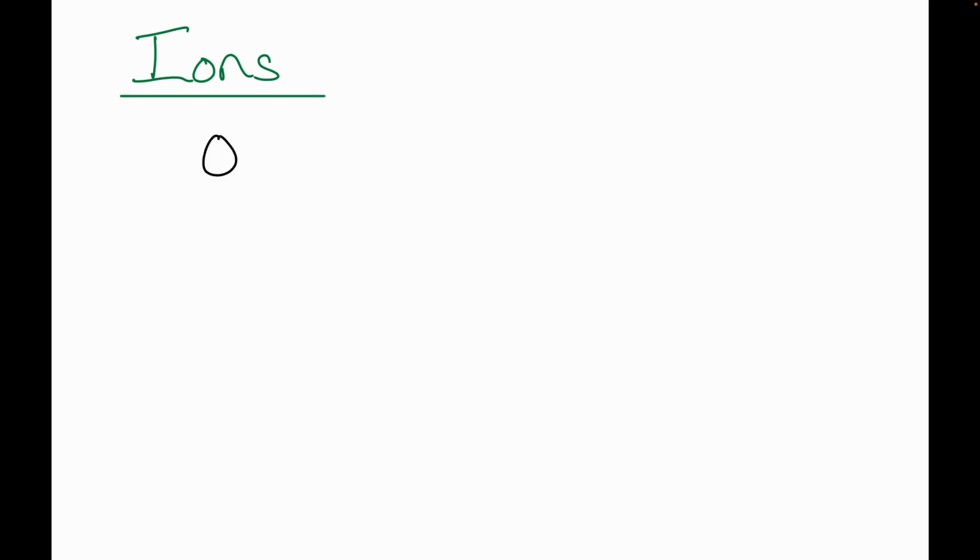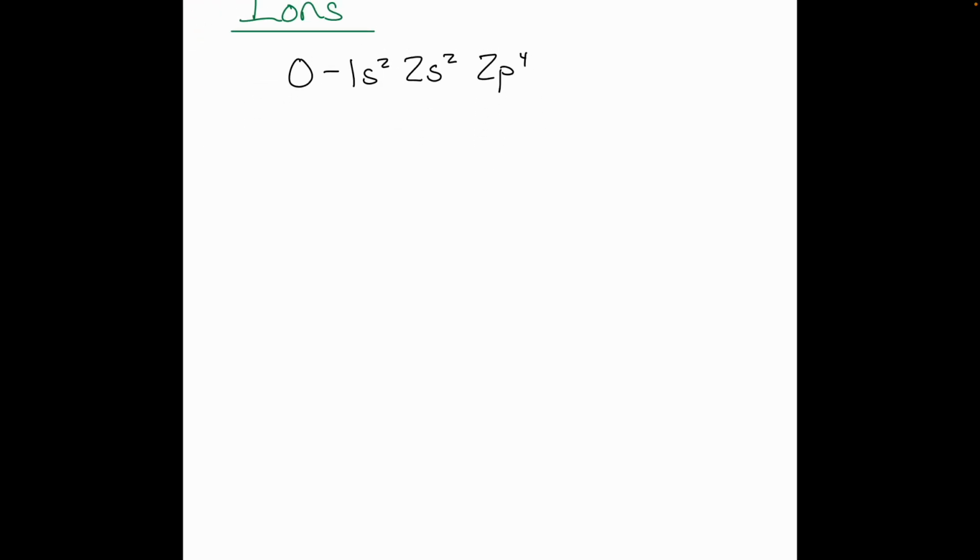Okay, oxygen was 1s2, 2s2, 2p4, and then we went as far as to actually build that electron configuration diagram. We had our boxes.